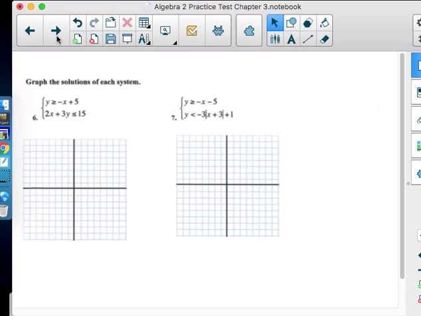Excellent. I see some partners talking through and showing each other talking about the dashed and the solid and the shading and all of that.